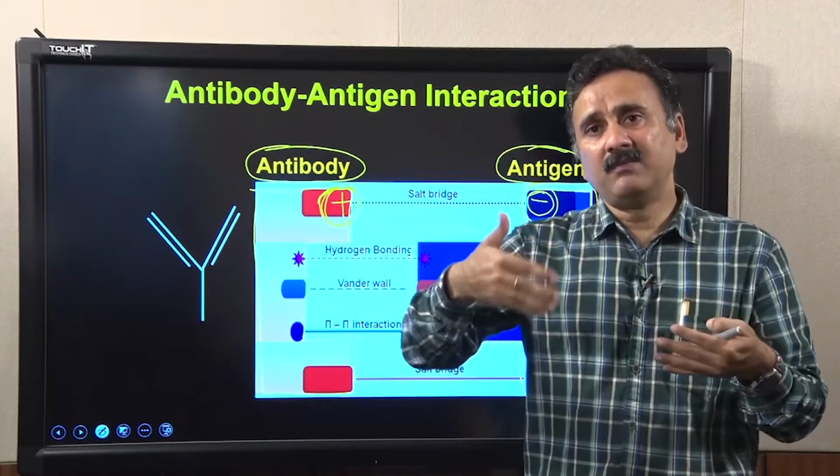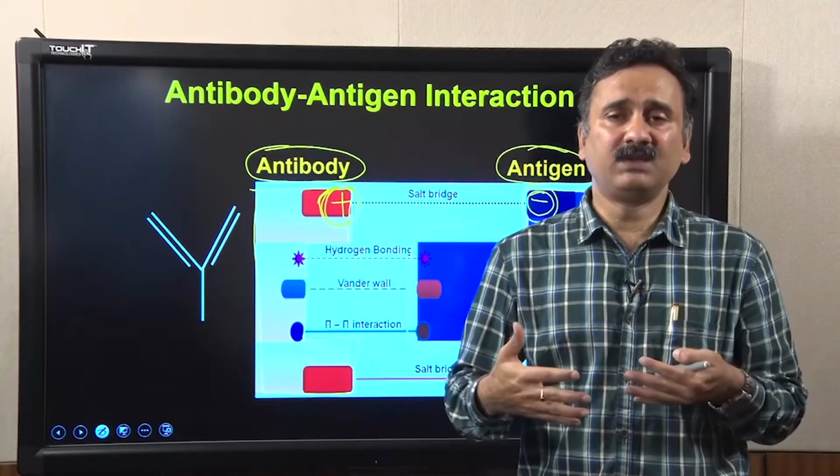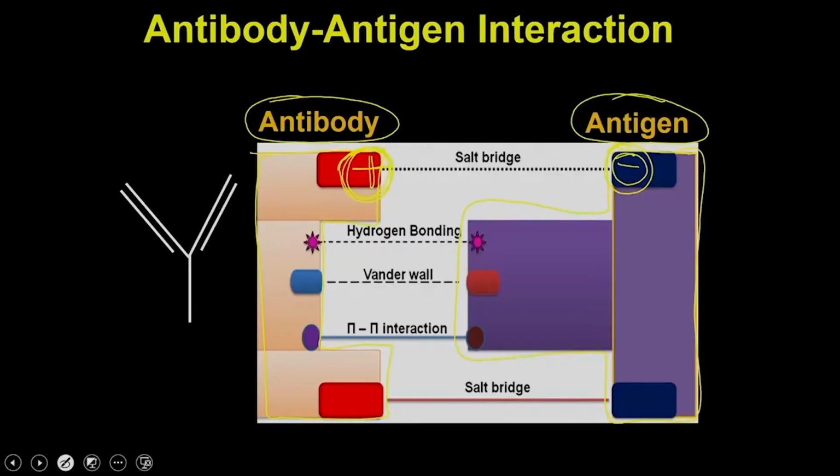There could be multiple antigens forming a similar kind of 3-dimensional structure, but unless this interaction is satisfied, the antibody is not going to recognize the antigen to form a stable complex. Similarly, you have a site for hydrogen bonding. The antibody could be a hydrogen donor, so it is looking for a hydrogen acceptor on the antigen, so that it will be able to form a stable hydrogen bond.